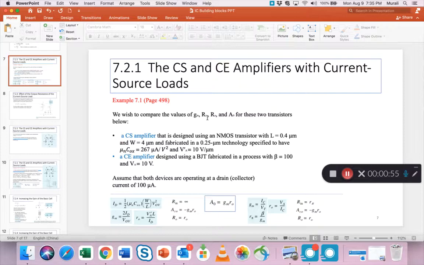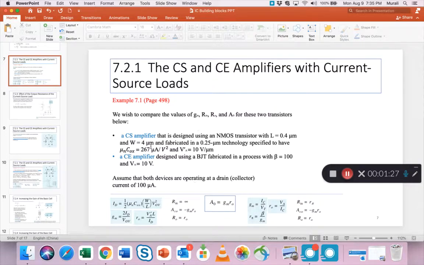But basically, it's a very essential comparison of a CS amplifier versus a CE amplifier. CS with the NMOS transistor and CE with the BJT transistor. Because we always want to know about both and we are using a common methodology to understand amplifiers in general, this example gives you a good comparison.